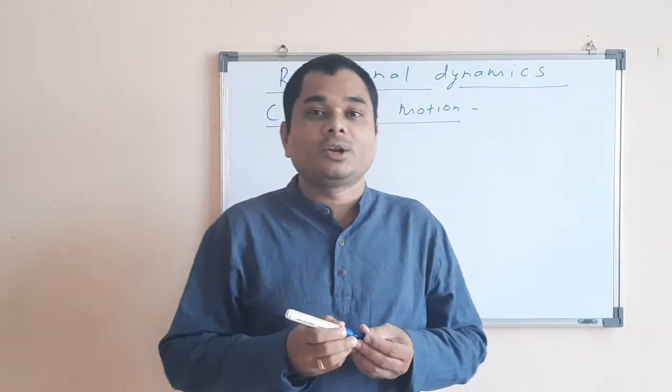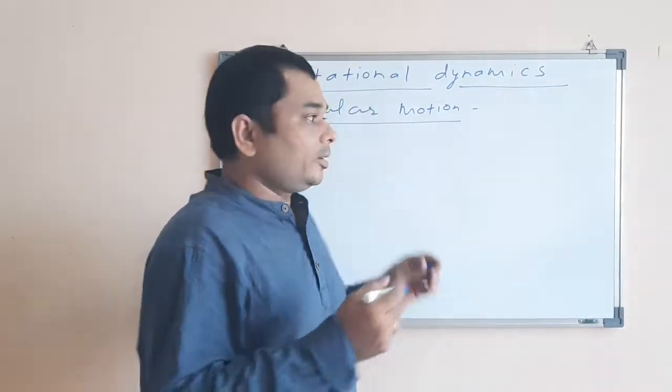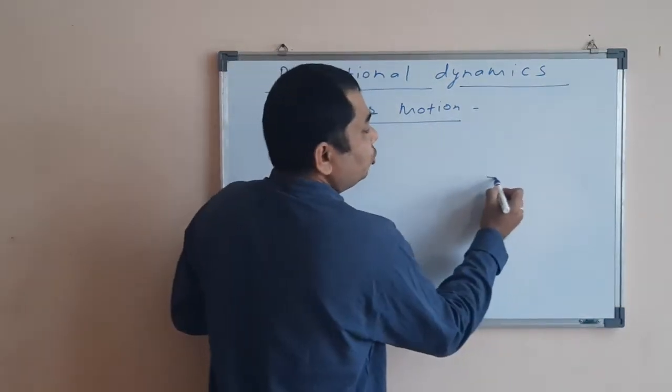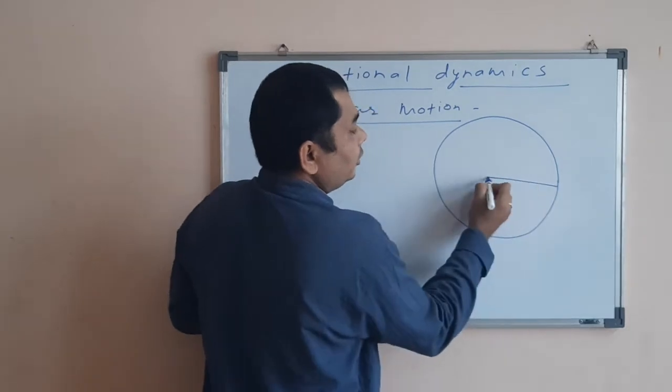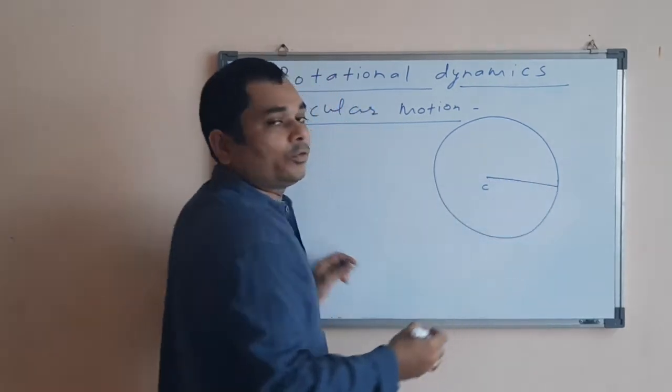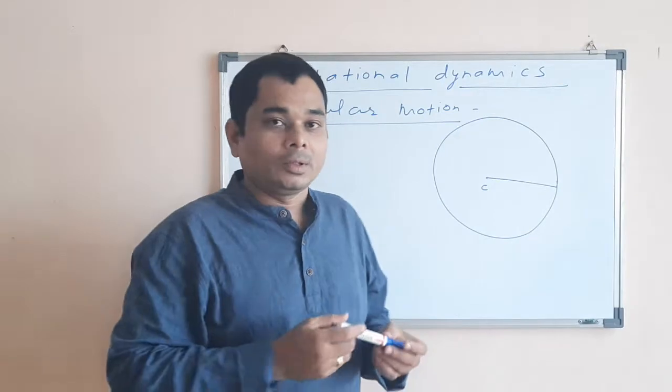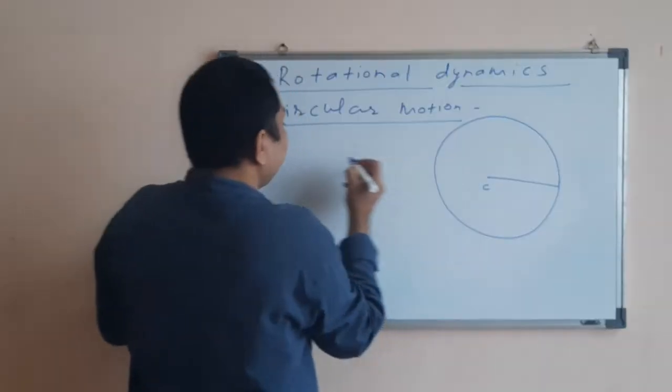You must have learnt in your 11th standard that if a particle moves along the circumference of a circle, then we say that the particle is performing circular motion. Now, what is a radius vector?